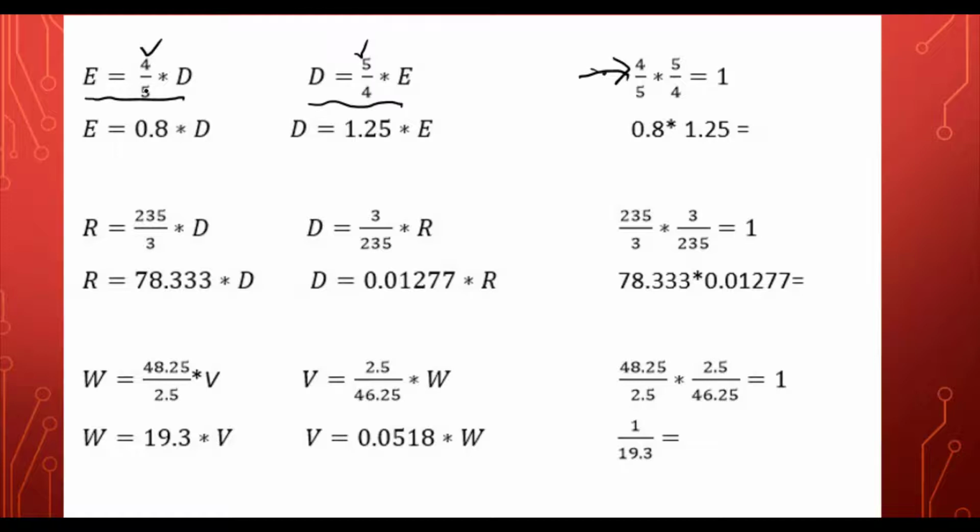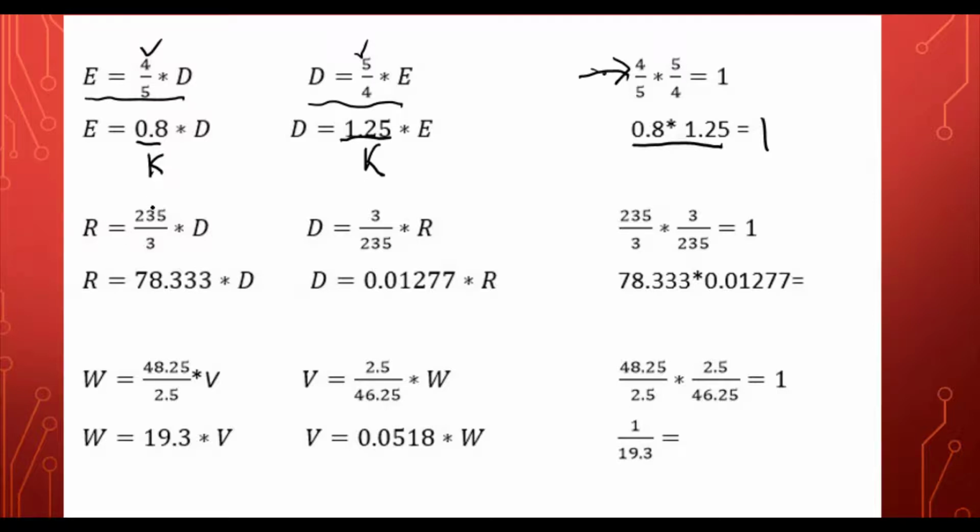Now I'm going to change 4/5 into a decimal, 0.8. I'm going to change 5/4 into decimal notation, 1.25. So if I multiply 0.8 and 1.25, what do I get? And hopefully you would say you get 1, because 0.8 is the same thing as 4/5 and 1.25 is the same thing as 5/4. This is usually how we write K in the equation y equals kx.